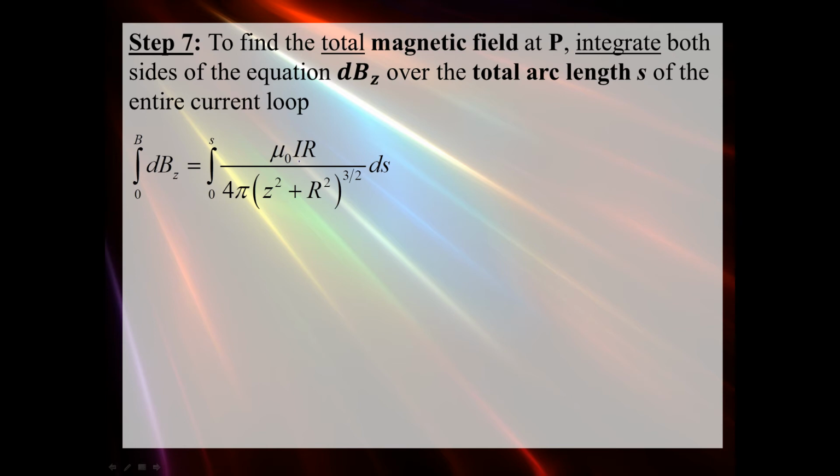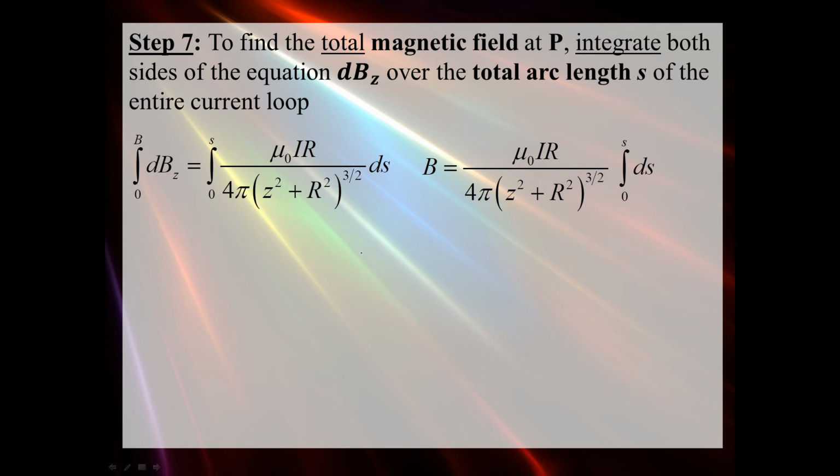So mu naught's a constant, the current through the ring's a constant, the radius of the ring's a constant, 4 is a constant, pi is a constant, z is a fixed distance along that axis, so everything can get pulled out. Therefore, we have B is equal to mu naught I times capital R divided by 4 pi times z squared plus r squared to the power of 3 halves. And then we just have the integral of ds evaluated from 0 to S.